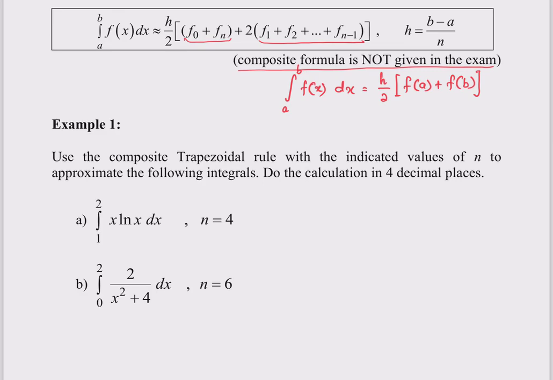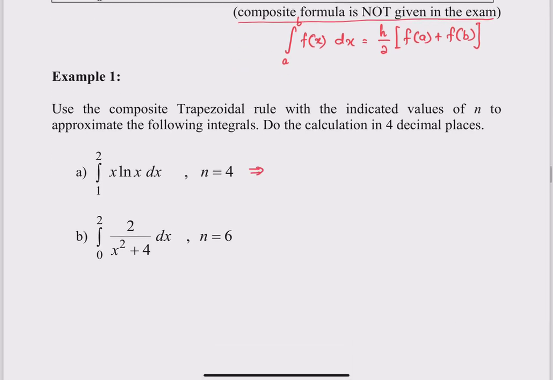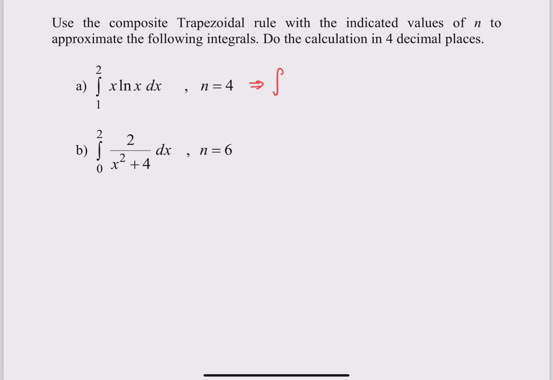So you just apply the formula. It approximates to h over 2 multiplied by f0 plus f4, because they are the first left end and also the right end, and inside, in the middle, is f1 plus f2 plus f3, because your n is 4.